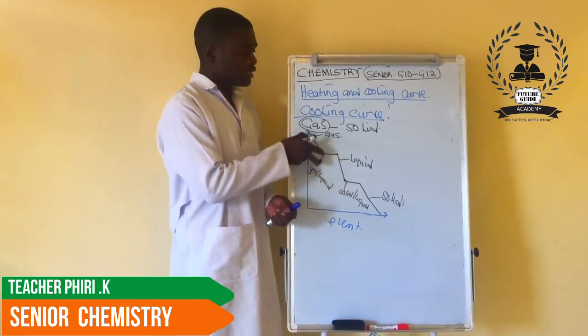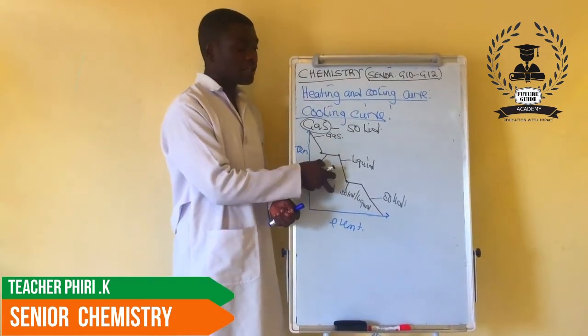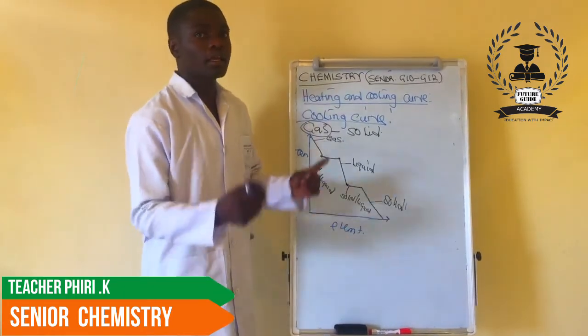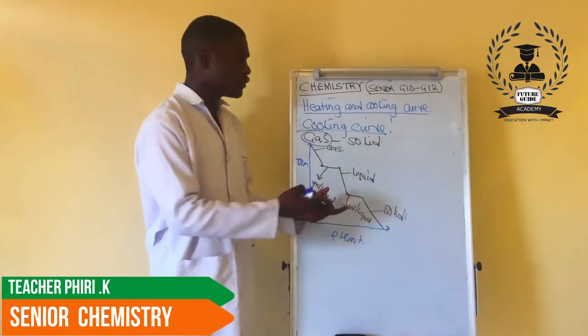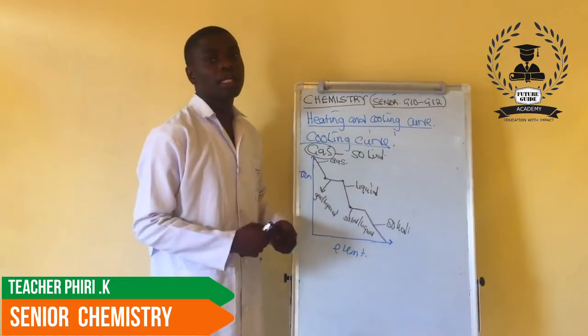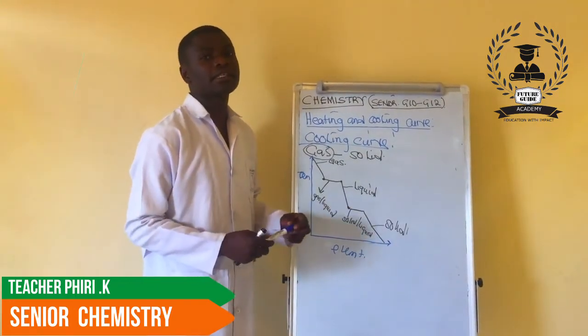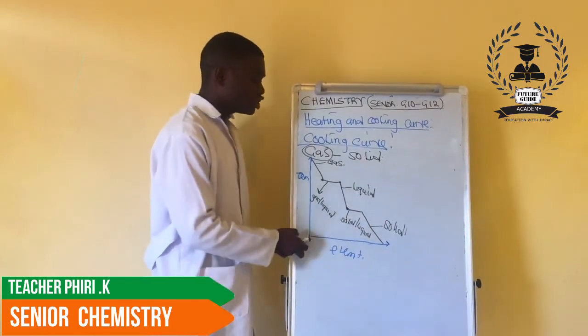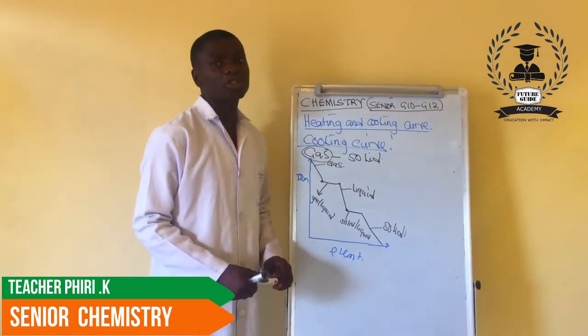One process is endothermic, the other is exothermic. Heat is needed in the heating curve, while here the heat is released because the process is cooling. Identify that and ensure that you answer the different questions that you have.